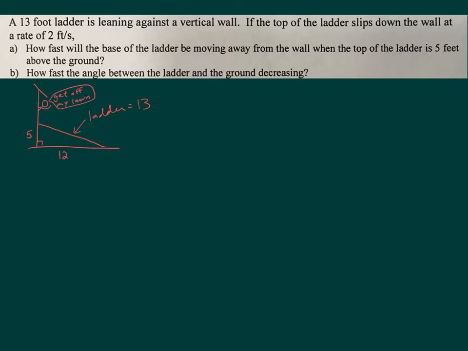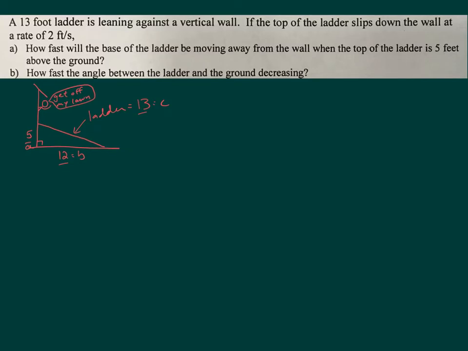So now, those are all of the actual lengths. If we can find the rates, why don't we call this side A, this side B, and this side C. That way it sort of fits the Pythagorean theorem there.